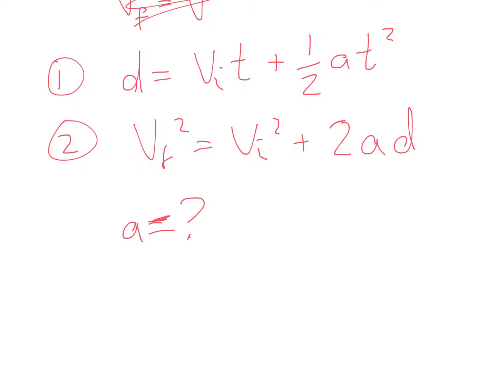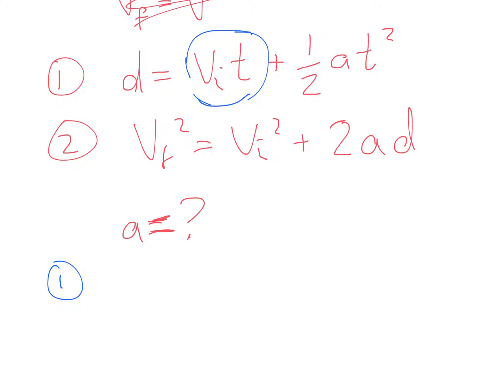There's actually a lot of rearrangements here, but I'm going to breeze over the parts that are not coefficients, and we're just going to focus on the other parts. So that's the first one: d equals Vi t plus half a t squared. The first thing is we've got this Vi t bit we need to shift to the other side.